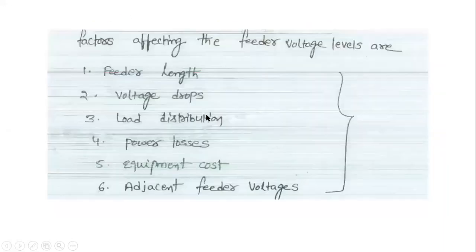The factors affecting the feeder voltage are, first of all, feeder length. Next is the voltage drop. Next, density of the load. Next, losses in the power and the equipment costs. These are the various factors that affect the voltage levels of the feeders.